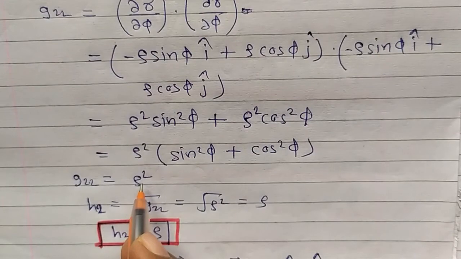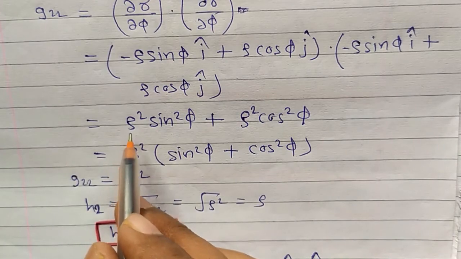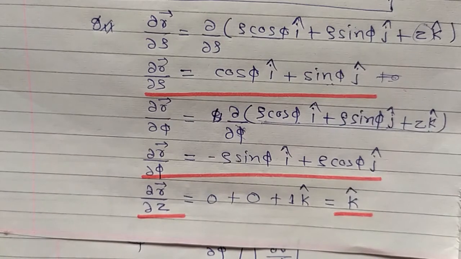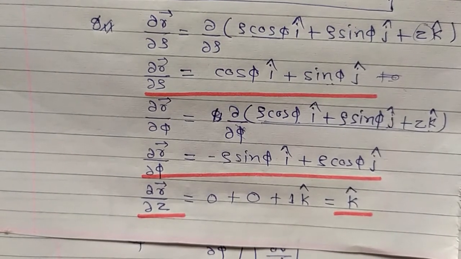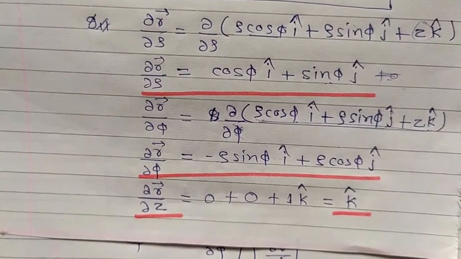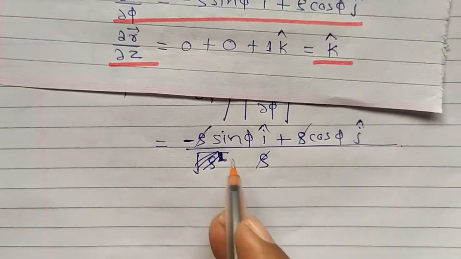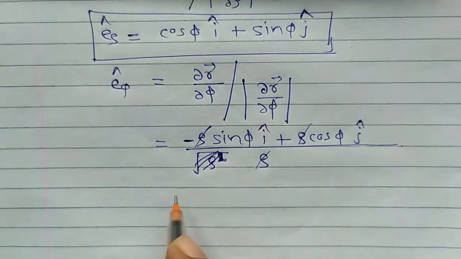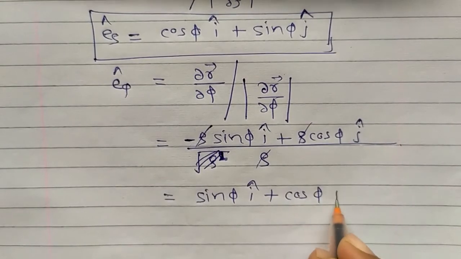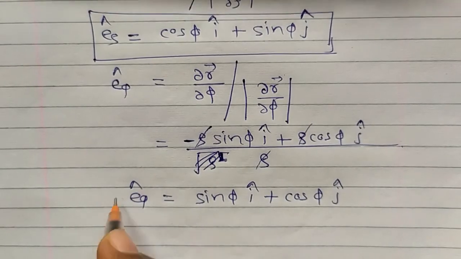It is rho square, right? We took a dot product with itself, then we took rho square outside, and we got rho square. That is the square of the magnitude, so here it will be only rho, because it is the root of rho square. So you can see rho will get cancelled, and you will remain with minus sin phi i cap plus cos phi j cap. So this is e phi cap.